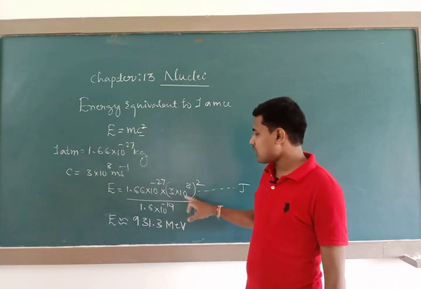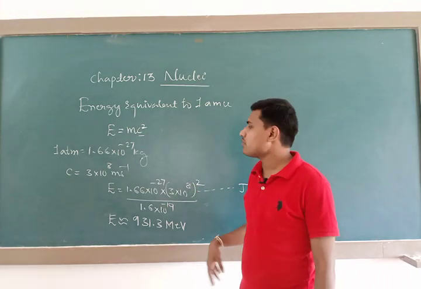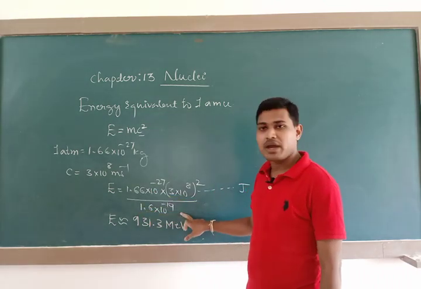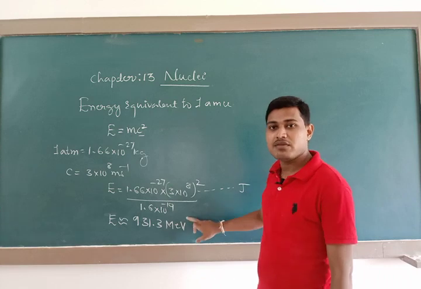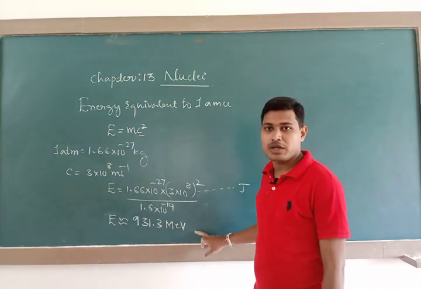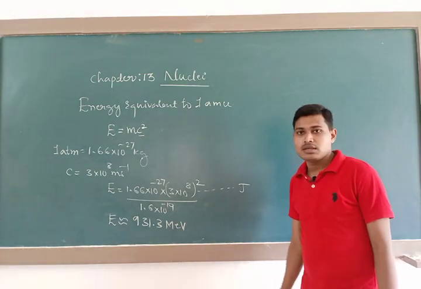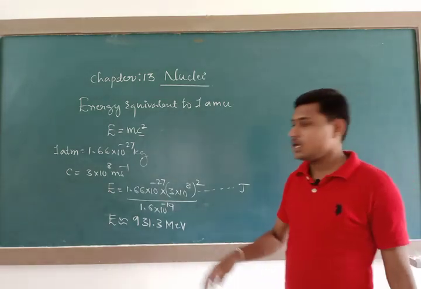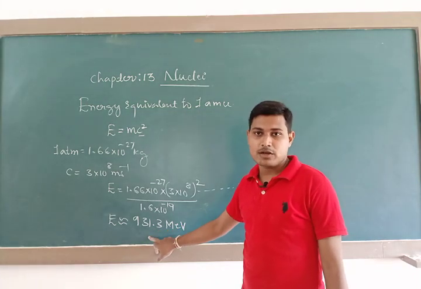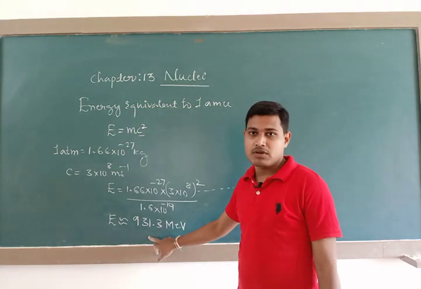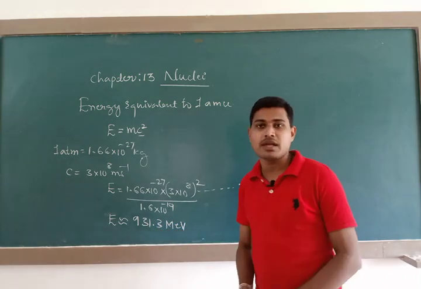Multiply this with the speed of light, 3 into 10 power 8 whole square, in vacuum, divided by 1.6 into 10 power minus 19. Why do I have to do this? Because I am getting this value in terms of joules. If I divide by the charge of the electron, then I get the energy in terms of electron volt. So this is the energy equivalent to one atomic mass. It means one atomic mass unit has the capability of generating an energy of 931.3 million electron volt.